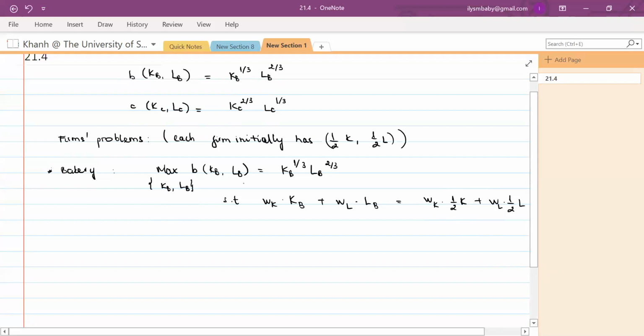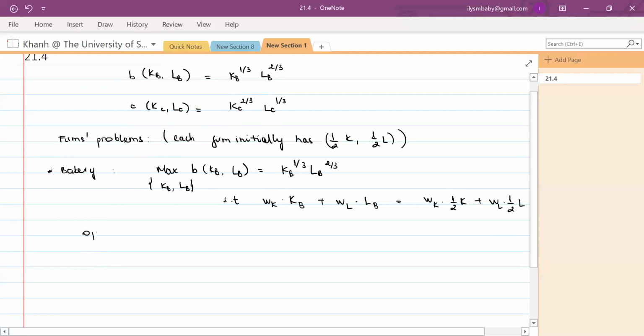So again, now if you want to set out a Lagrangian function and try to find the first order condition to maximize, this is totally fine. However, you can also apply the optimal condition that we already learned before.